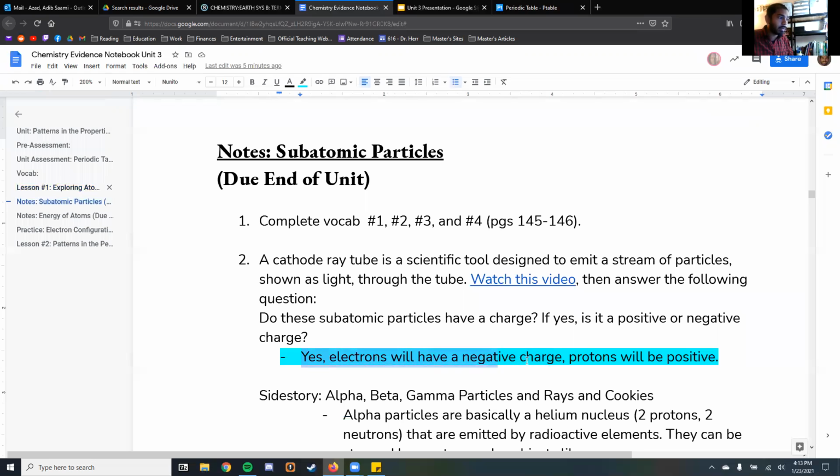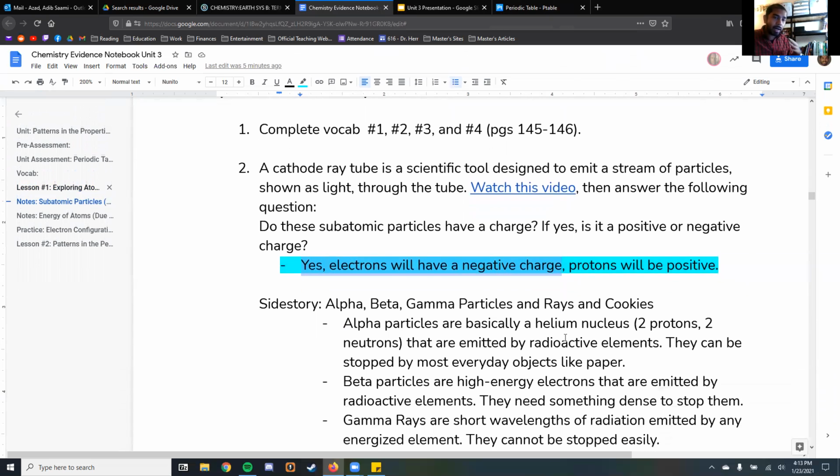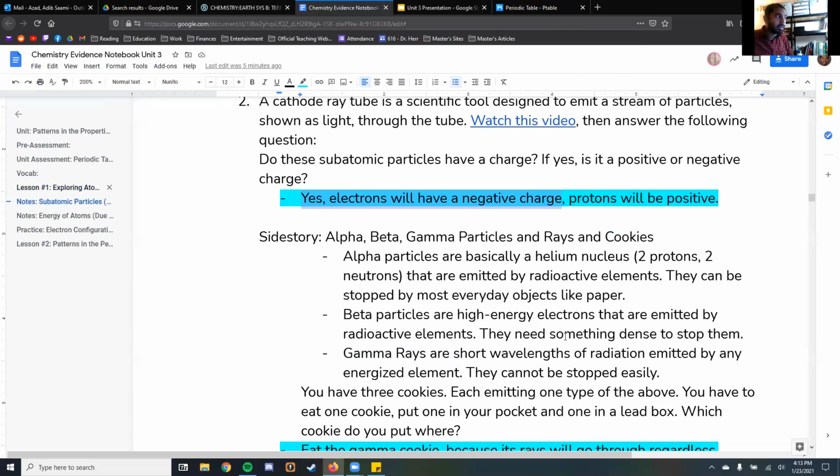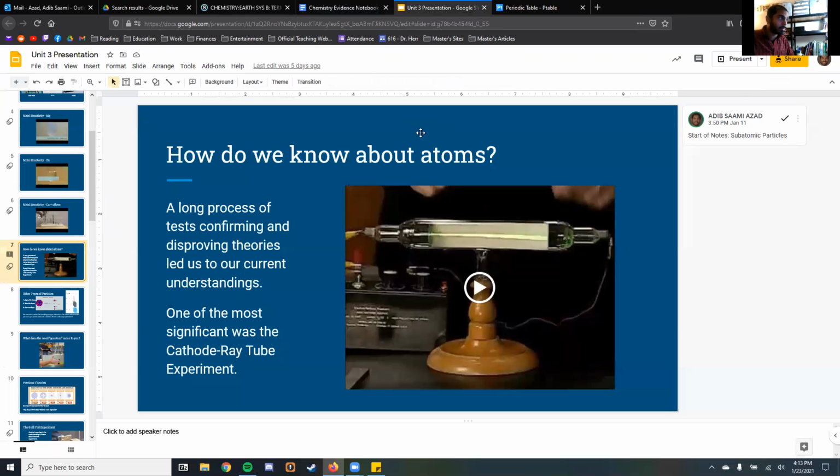We're calling these electrons now. That gives us the start of an understanding of the atom: there's a positive charge in there, and there's a negative charge in there. And so we're moving on to how they experimented with this kind of idea, which is the idea of these different particles.